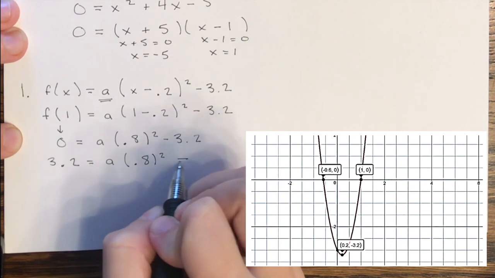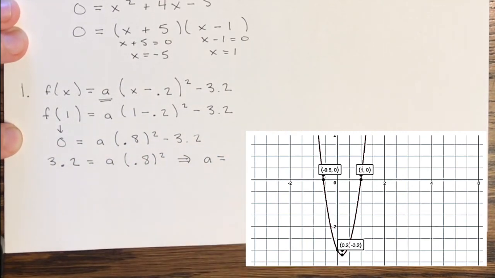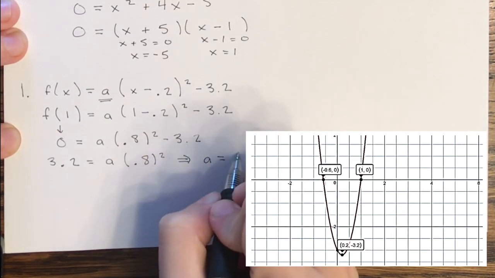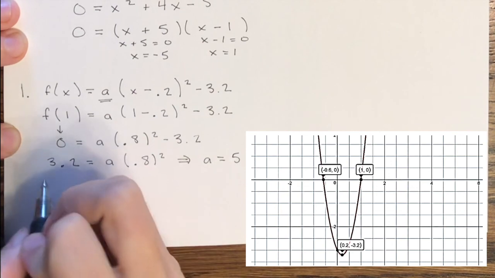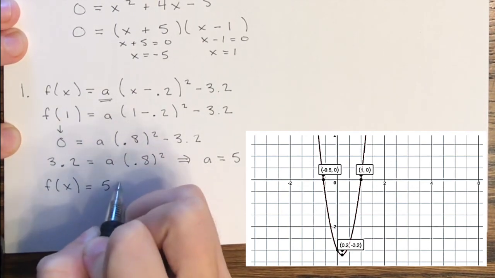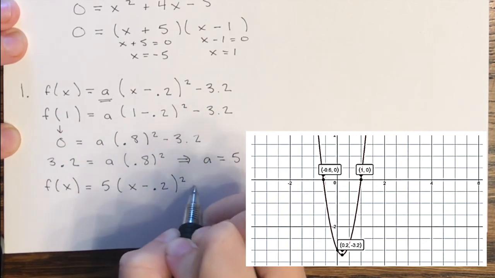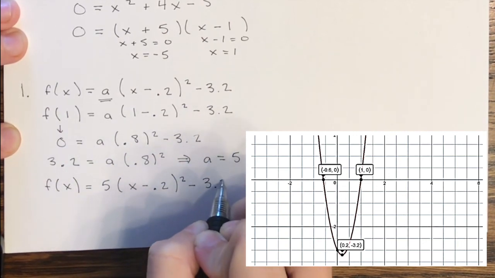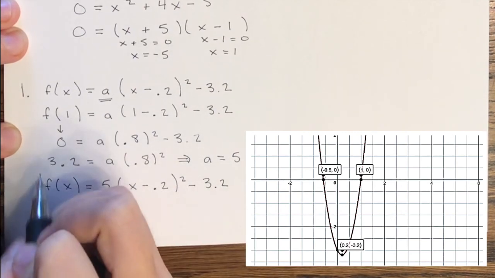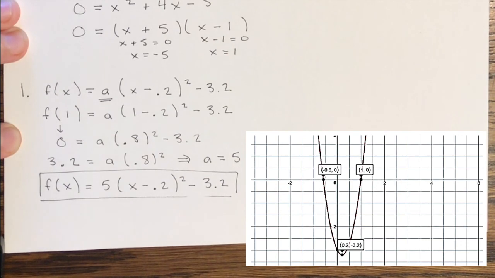This means that a is 3.2 divided by 0.8 squared, which is actually 5. So that means that my whole function altogether is f of x equals 5 times x minus 0.2 squared minus 3.2. This is vertex or transformation form.